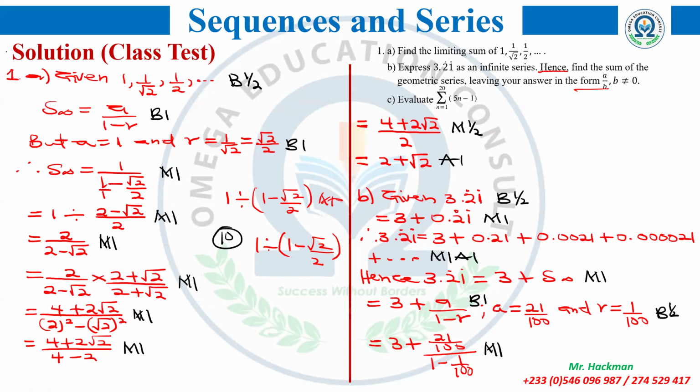Mr. Hackman, what if you wrote 3.21 as the first term of your series, instead of 3 plus 0.1? Would you still get the mark?